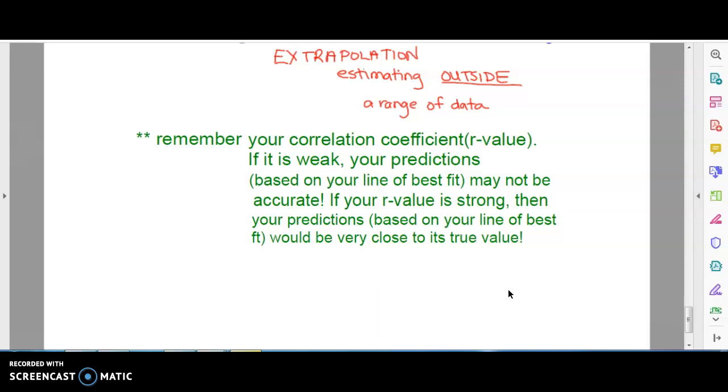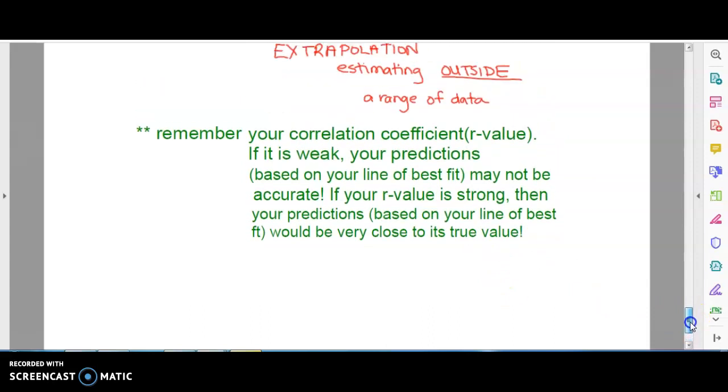If your points are scattered far away, or they're not clustered around the line of best fit, then logically your predictions won't be as accurate. If your R value is strong, meaning all of your data points are clustered close to the line of best fit, then the predictions based on that equation will be very close to the true value. Okay, so that's it then for regression.